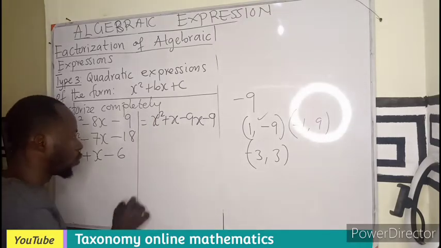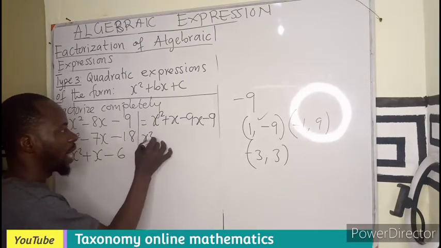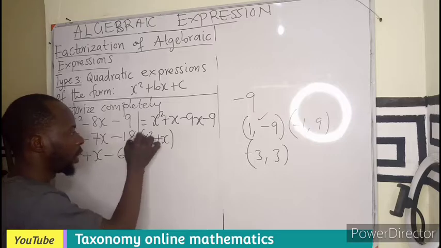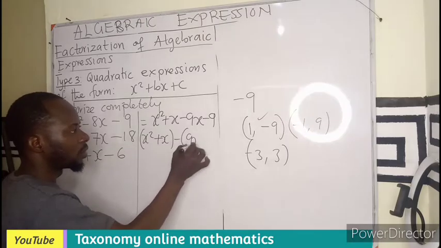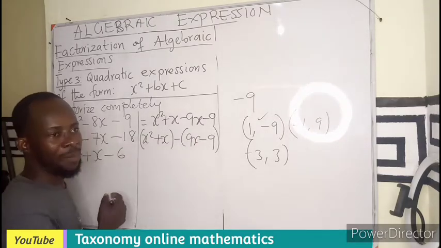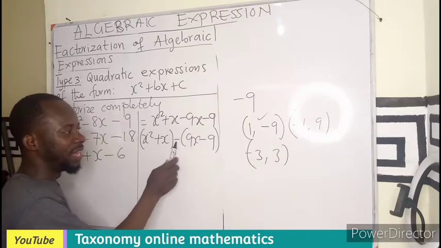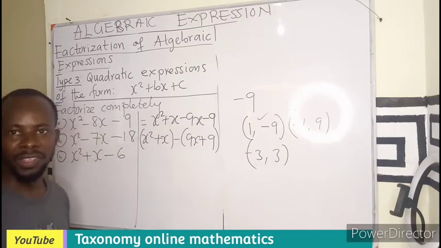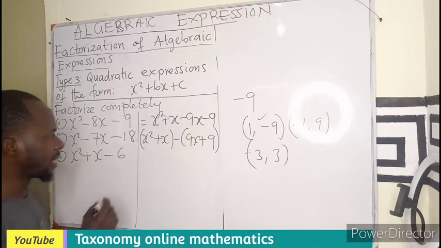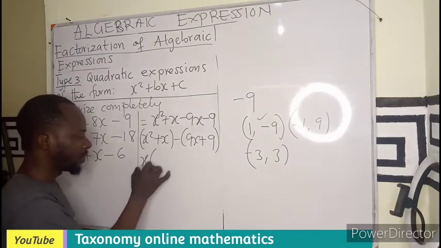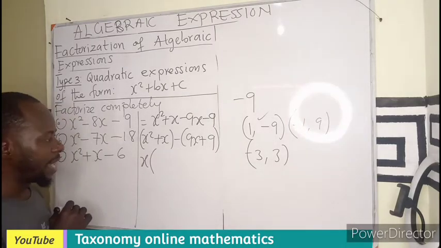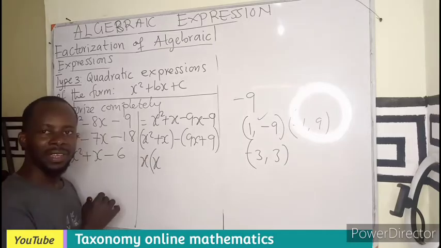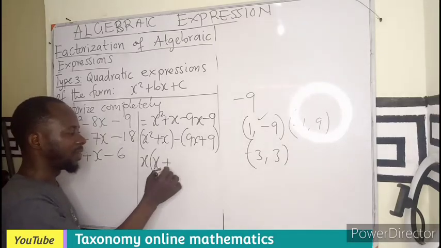So here I'll be grouping. I have my x squared and x in one bracket, and the -9x and -9 in another bracket. But don't forget there's a negative here, so this becomes positive. Common factor, right away, x. x squared divided by x, I get x. x divided by x, I get 1.